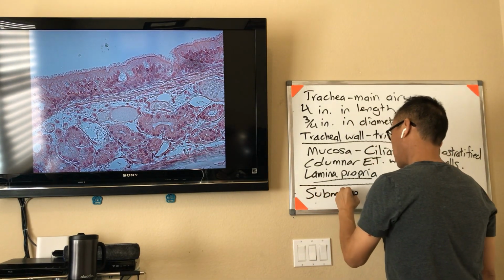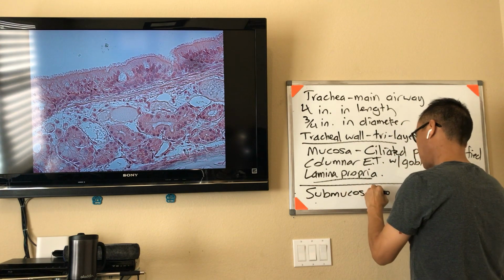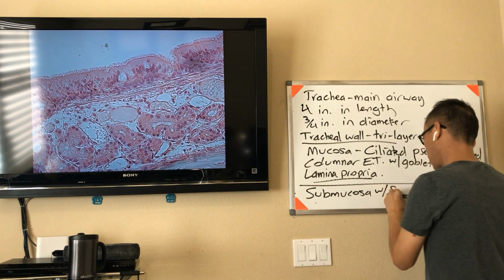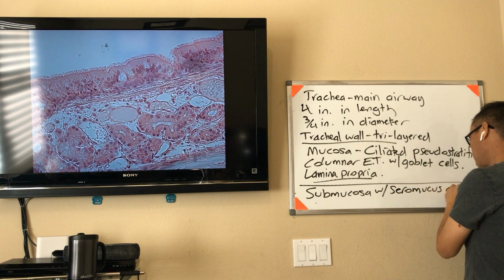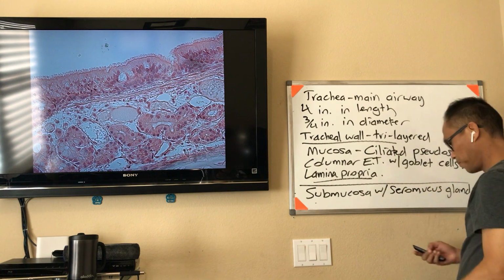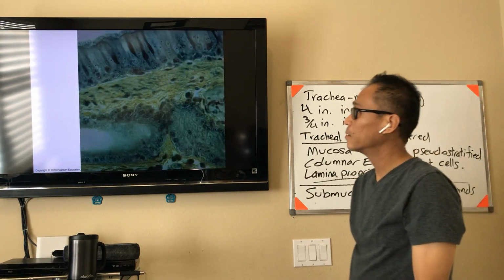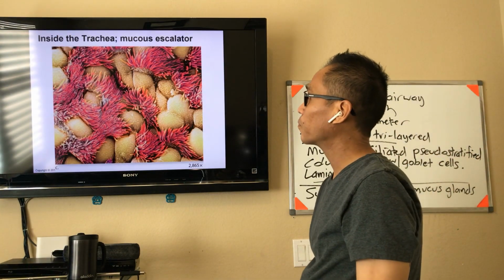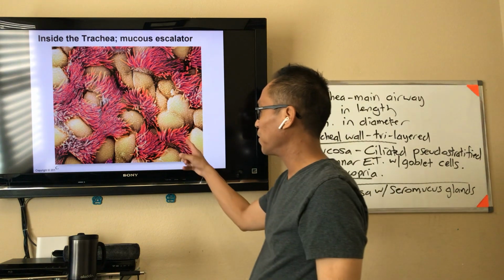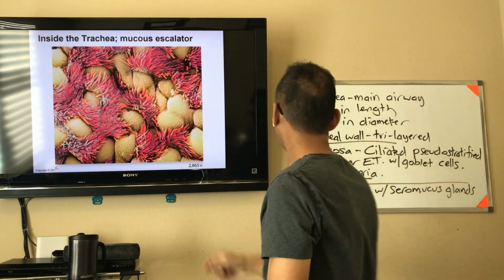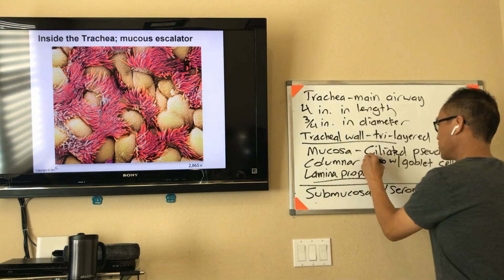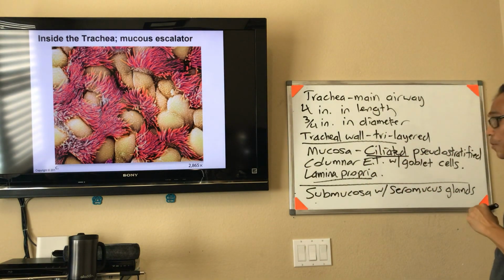So I'll put submucosa with seromucous glands. That's all you got to know about that. Anyways, there's a nice view of the ciliated nature of the mucosa there.